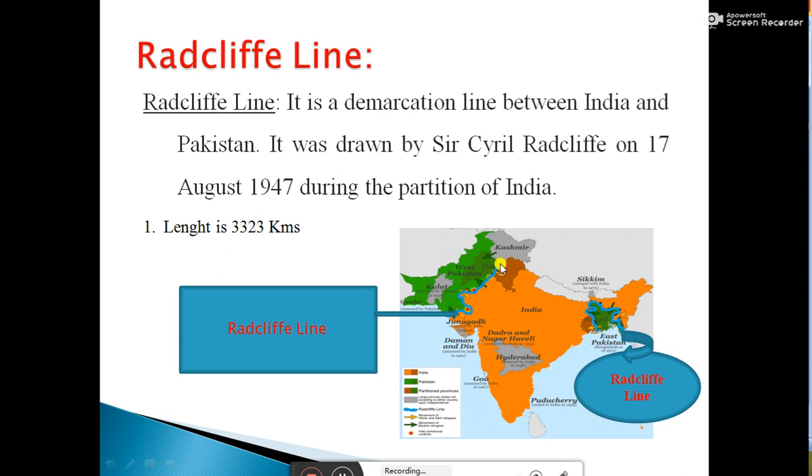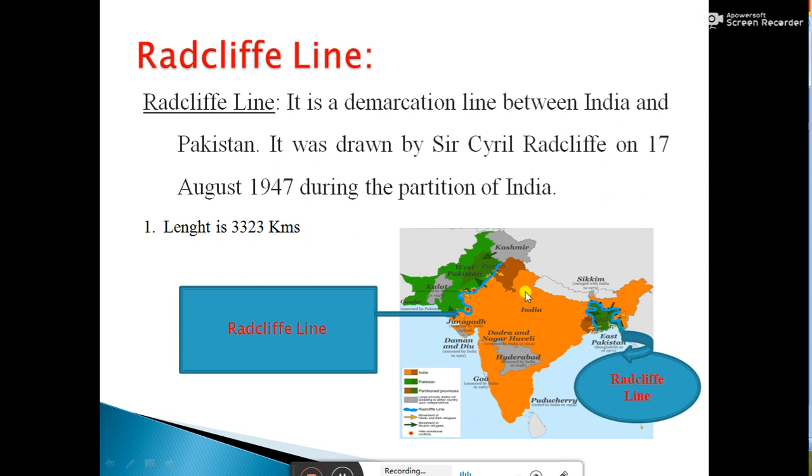Here this map shows the Radcliffe line. This is the blue line between India and Pakistan. This green colored country refers to West Pakistan, and this green colored country refers to Bangladesh.